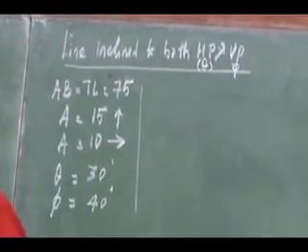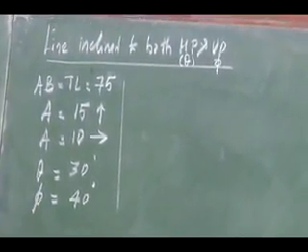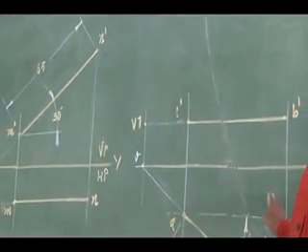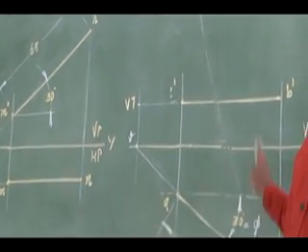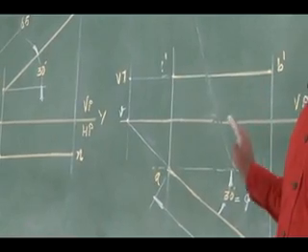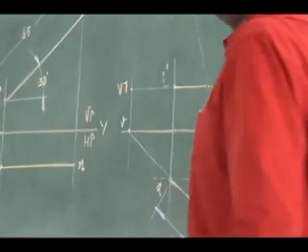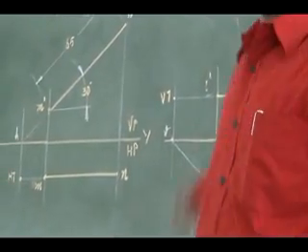The first case, the line is only inclined to HP, and the second case, the line is only inclined to VP. Then I will end up with some results, and using that I can draw the both-way inclined line.